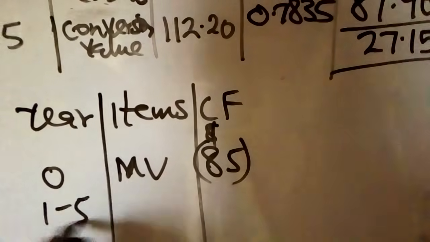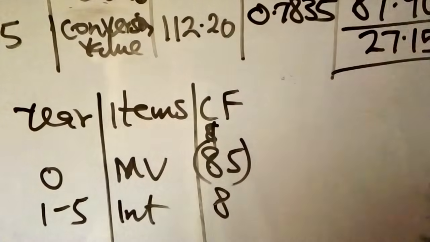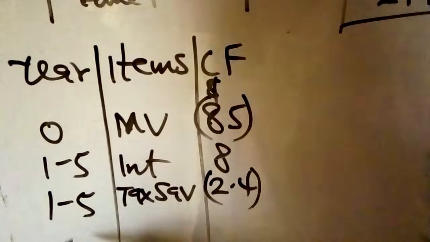Year 1 to 5, we have interest of 8%. Year 1 to 5 as well, we have the tax savings on interest, which is 2.4, that is 30% of 8. And in the 5th year, we have the conversion value, which is 112.2.